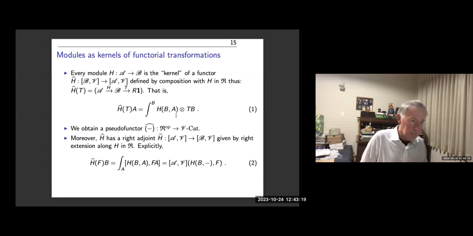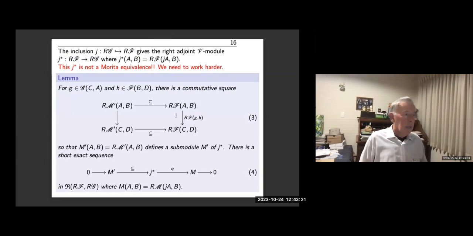Okay, so what I'm trying to show is that you might think that this way of getting an equivalence between the representations of G and the representations of F is just going to be obtained by restricting along some particular functor, but it's not quite that. You've got to go into the modules.